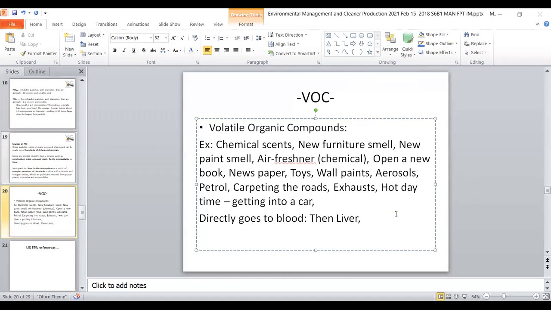Check the spelling. Yeah, then to the liver. It stays because VOC is not recognized by the body as toxins.